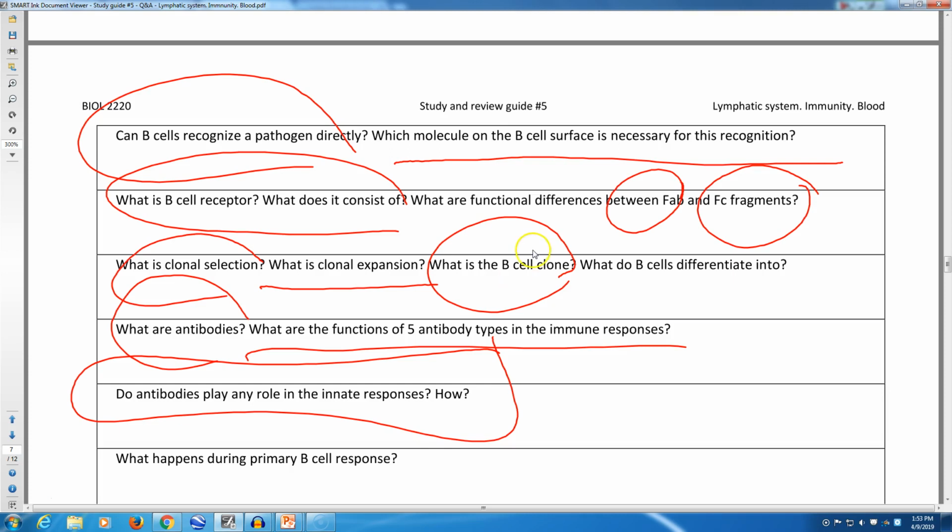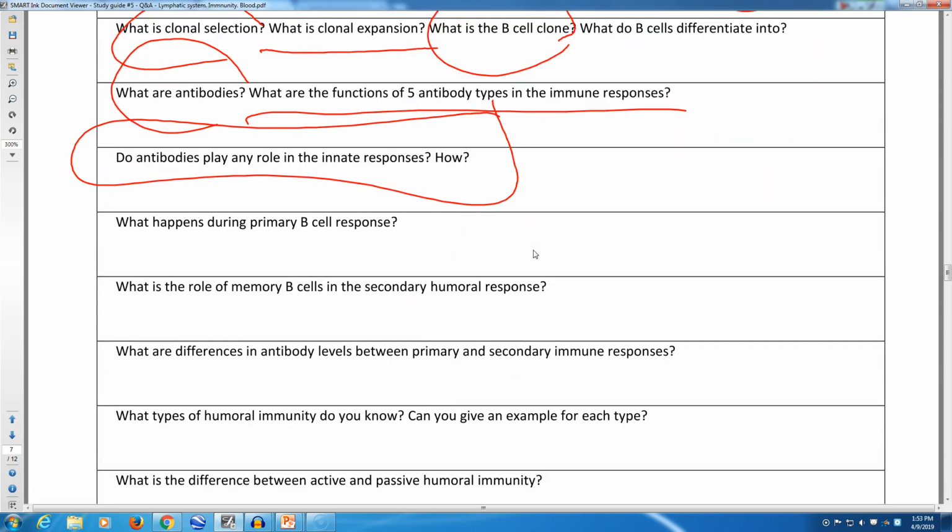What happens during primary B cell response? Antibodies go up and then go down and produce memory cells. When secondary exposure happens in the secondary immune response, remember, the levels of the antibodies are much higher than in the primary. Does that make sense?